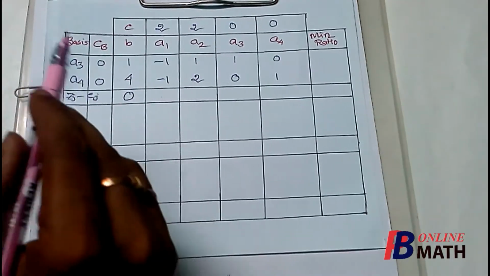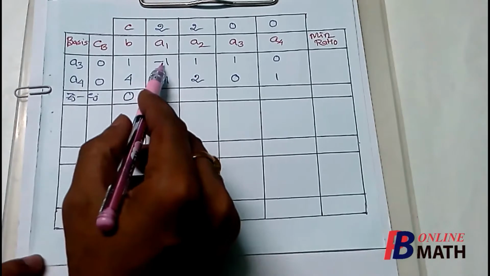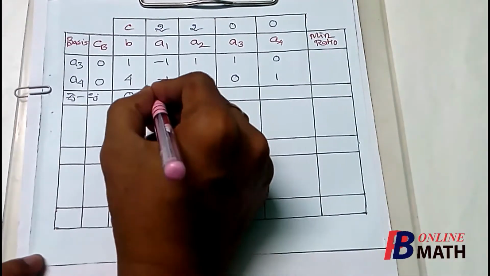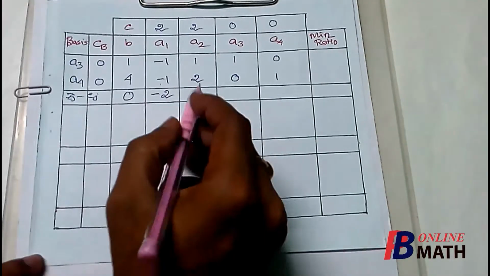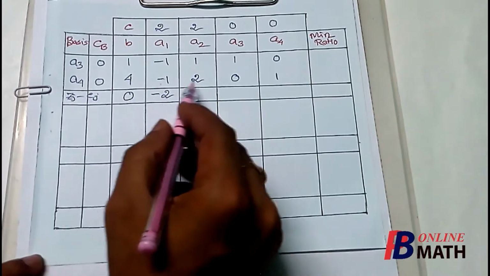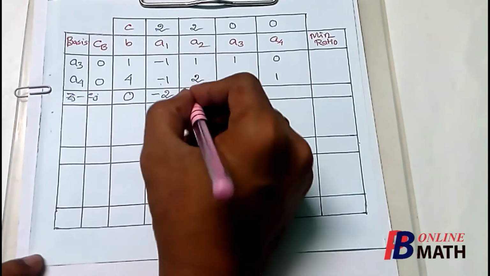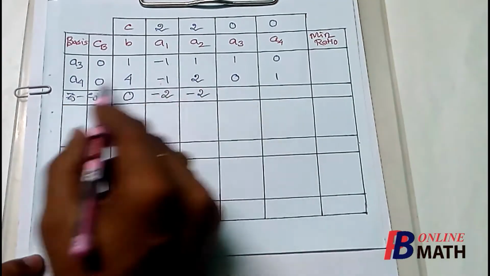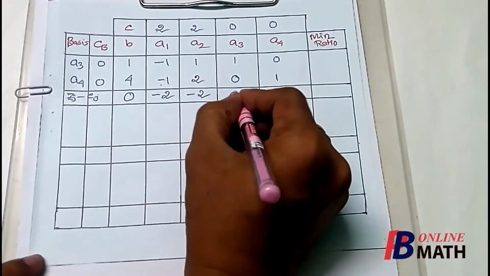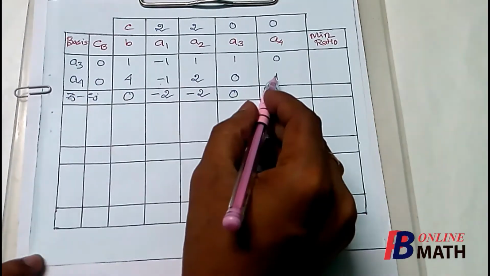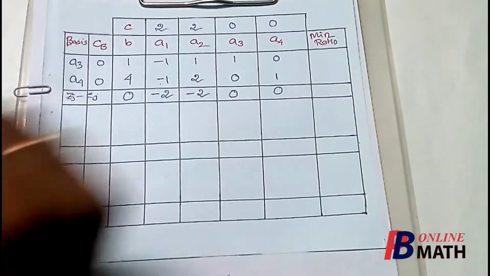Now this value is 0 into minus 1 plus 0 into minus 1 minus 2, which is minus 2. Next value, 0 into 1 plus 0 into 2 minus 2, which is again minus 2. This one, 0 into 1 plus 0 into 0 minus 0, which is 0. And finally this one, 0 into 0 plus 0 into 1 minus 0, so it is 0.